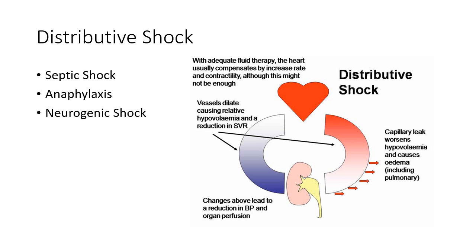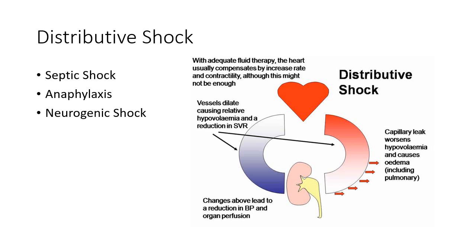When we're doing these assessments, what do you think you would find as far as the patient's heart rate? Now, we know that normally in hypovolemic shock, heart rate's going to go up. But what do you think would be the heart rate in a patient that has distributive shock?